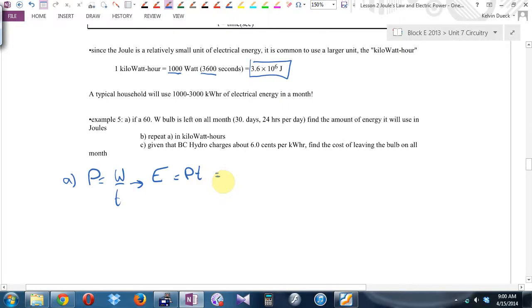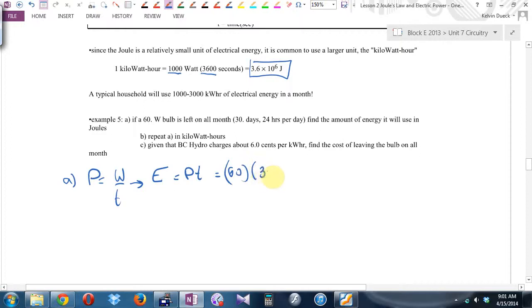How much power does this bulb draw? Read the question. How much power does this 60-watt bulb draw? 60 watts. How long are we going to leave it on for?